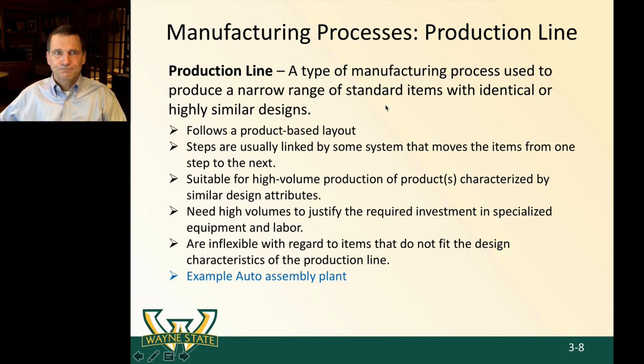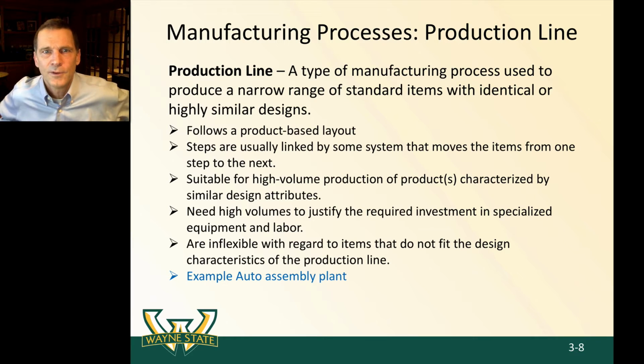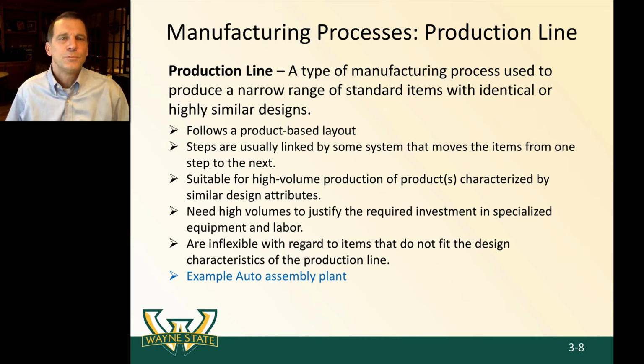Production line is a type of process used to produce a narrow range of standard items. Automotive assembly plants are a great example of this. But basically, it follows a product-based layout. It's sequential steps. They're usually linked by some system that moves items from one step to the next, an assembly line or other type of process. They're suitable for high-volume production of products, usually with similar design attributes.